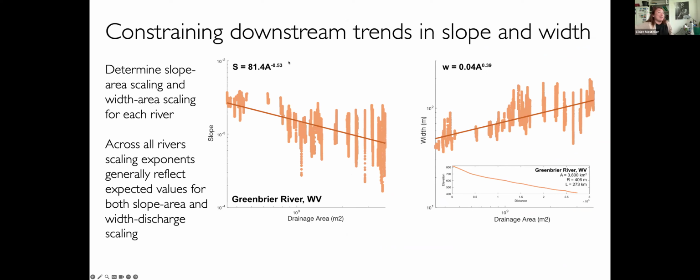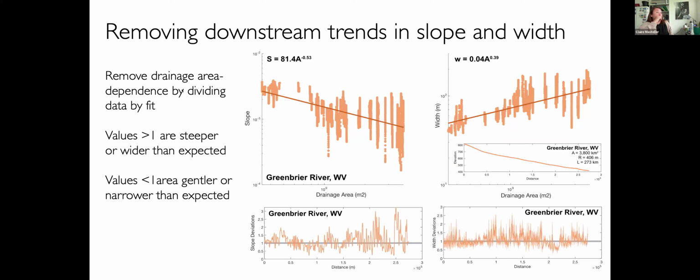Here we can see that the scaling exponents in this river of 0.5 and 0.4 generally reflect what our expected values for both slope-area scaling and width-discharge scaling might be. What we then do is the same exercise that we did in our first case study, where we take these data points and divide by our expectation, or this line, to just get our deviations.